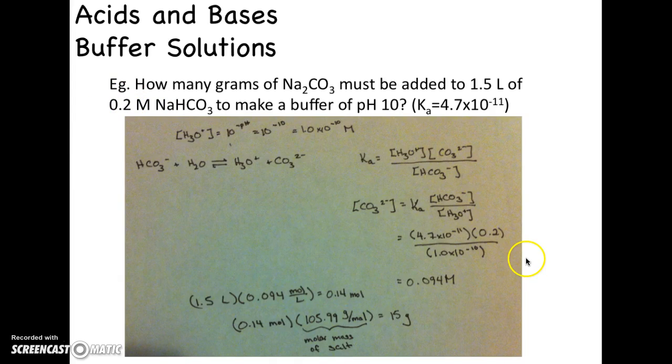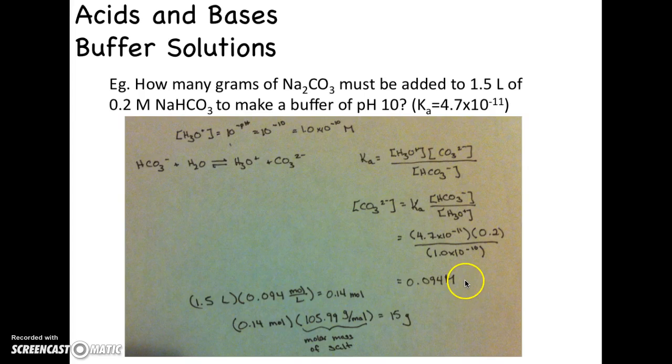And you know what your concentration of hydronium has to be. That's basically given to you in the question because they're telling you what the pH is. So you can go through and solve for the concentration that you're supposed to have of this salt species, this conjugate base species. Now, you've got the concentration, but they're asking for grams.